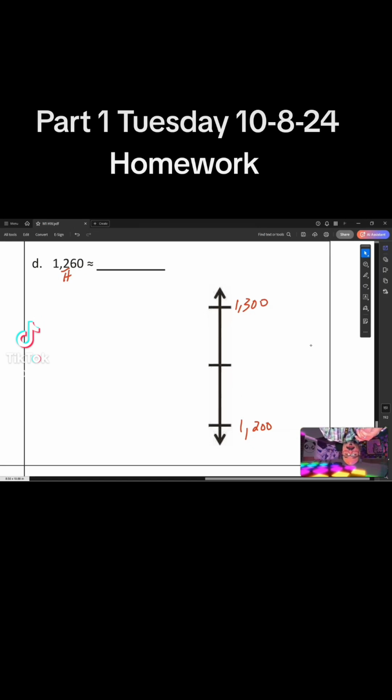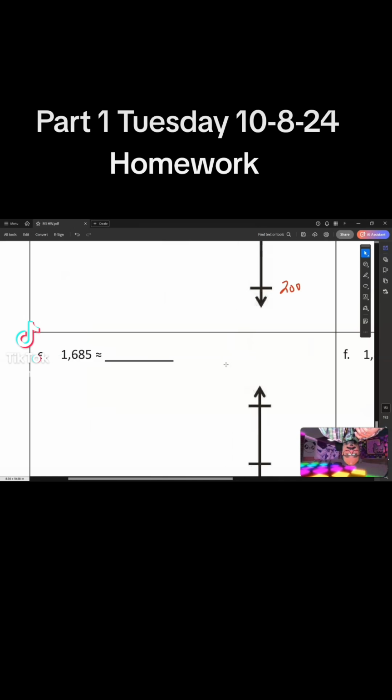Halfway would be 1,250. Now I need to plot 1,260. So we have 1,250, 1,260, 1,270, 1,280, 1,290, 1,300. So 1,260 would be here. Is it greater or less than half? It's greater. So we're going to round up to 1,300.